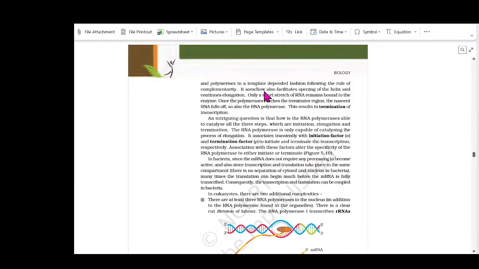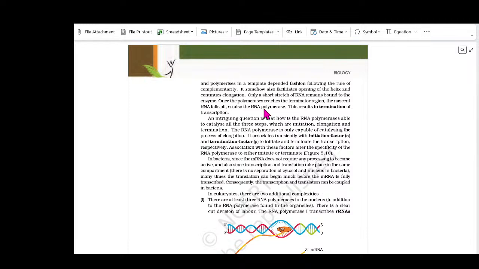It somehow also facilitates opening of the helix and continuous elongation. Only a short stretch of RNA remains bound to the enzyme. Once the polymerase reaches the terminator region, the nascent RNA falls off, and so does the RNA polymerase. This results in termination of transcription.